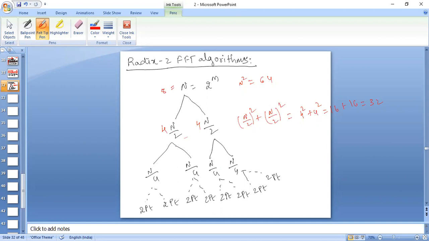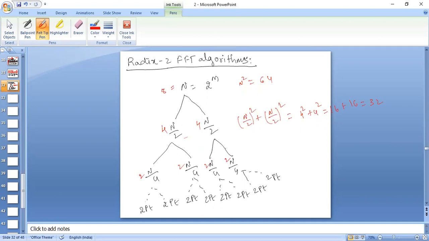So in further stage of decomposition, this n by 2 point DFT is split to 2 n by 4 point DFTs. Right? So if we have n is equal to 8, then the decomposition is of 3 stages. First stage 2 4 point DFTs, and in second stage 4 2 point DFTs.